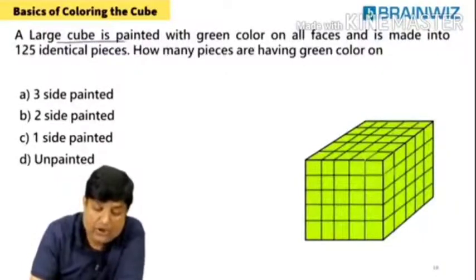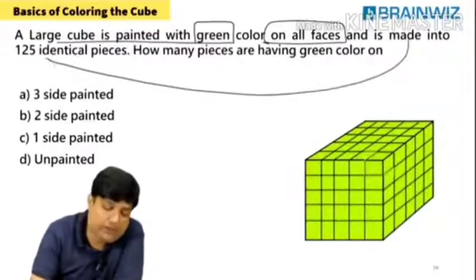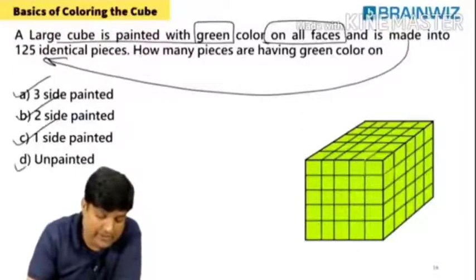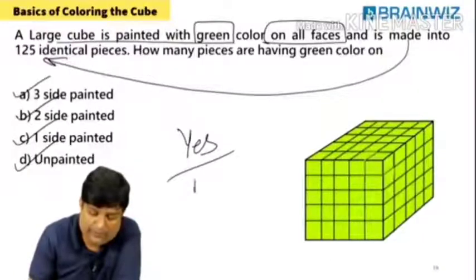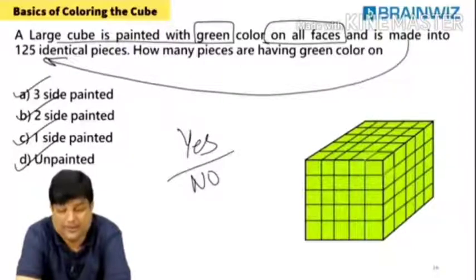A large cube is painted with green color on all the faces and cut into 125 identical pieces. Can you find out 3-side painted, 2-side painted, 1-side painted, unpainted?